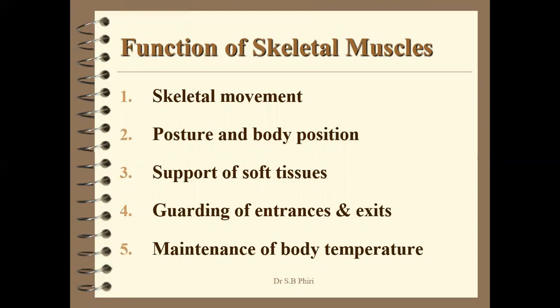The second function is posture and body position. For you to maintain posture, you're using skeletal muscles. For you to maintain body position, you're also using skeletal muscles. Then, support of soft tissue. The skeletal muscles can also support soft tissues.